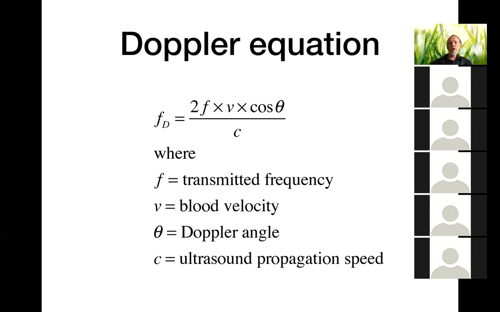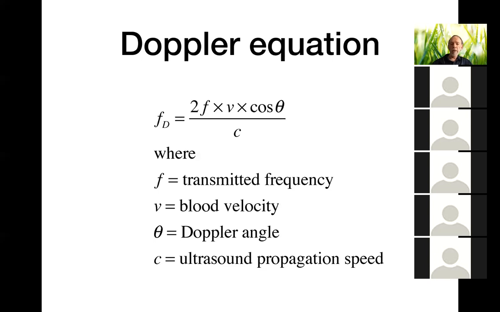So the equation that relates blood velocity to the Doppler shift is shown here. The Doppler shift is 2 times the ultrasound frequency multiplied by the blood velocity multiplied by the cosine of the Doppler angle.